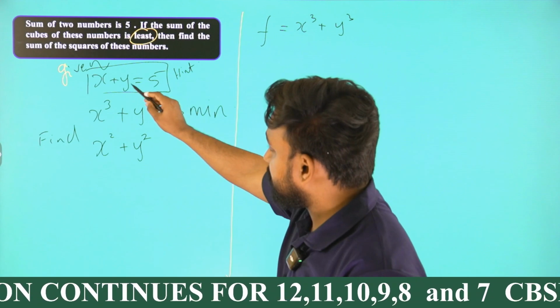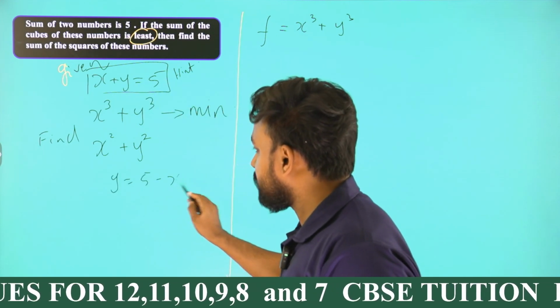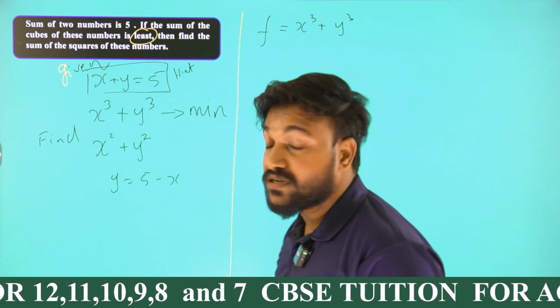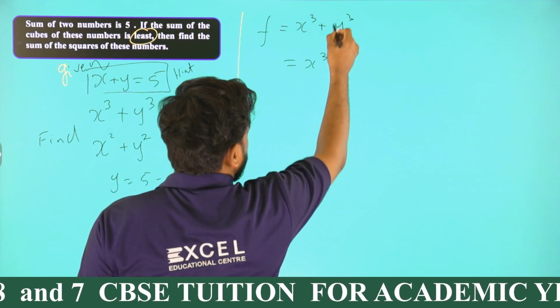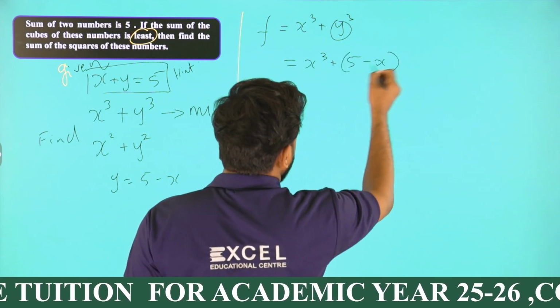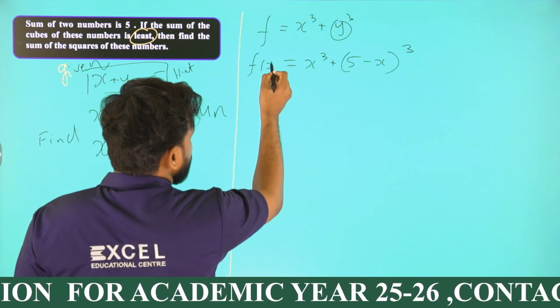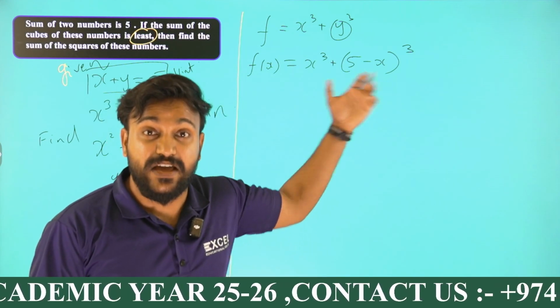So x plus y is equal to 5 is given, so y is equal to 5 minus x. Now you can replace this y with 5 minus x. So it will be x cube plus 5 minus x the whole cube. That is your f of x. Now I can call it f of x because this function is in terms of x. It's a single variable function.